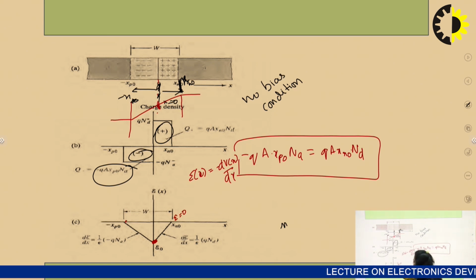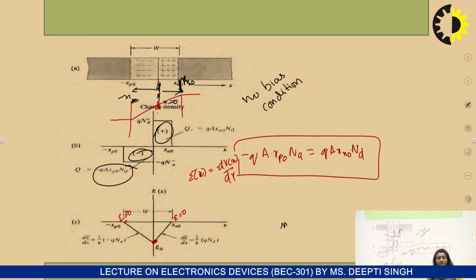So at the edge of the transition region the electric field is 0, but at the point of the junction the electric field is always maximum, and its value is 1 upon epsilon q into Na xp naught, which we have seen in the last unit.